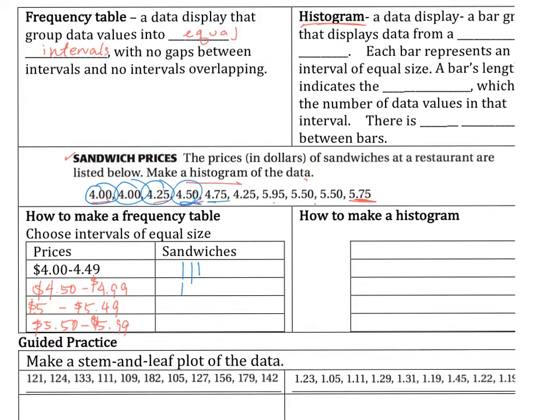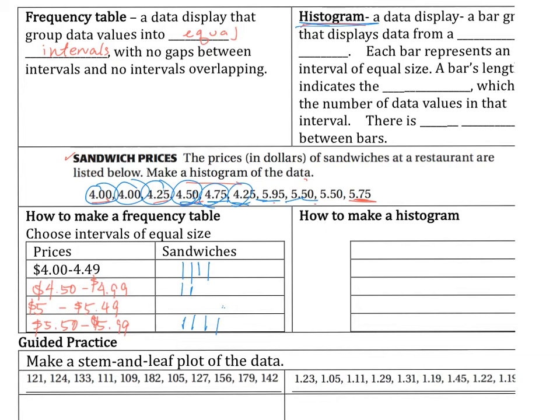Then we have $4.75, which also falls between the second group here. And then we got $4.25, back to the first row. And then $5.95 is in the last row, and then $5.50 last row. Another $5.50, and then $5.75 last row. And then you don't have any for the third row. Okay, now this frequency table is done.